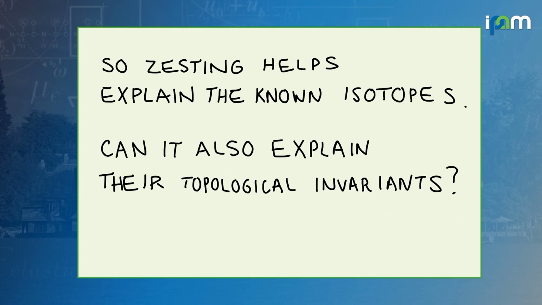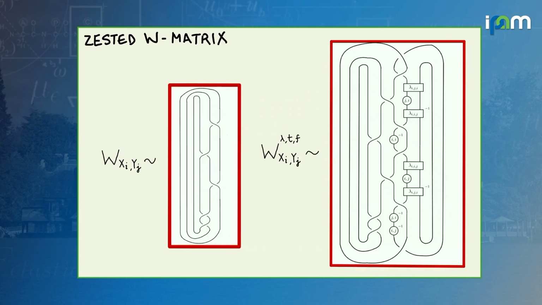So if you look back to that table of data that I had, it was informative, but in a limited way. It turns out that just like we could say what happens to S and T, it's very straightforward to pick a link and zest it. So we saw how to zest associators and crossings, and we can zest cups and caps, or we can zest twists. We can zest link diagrams.